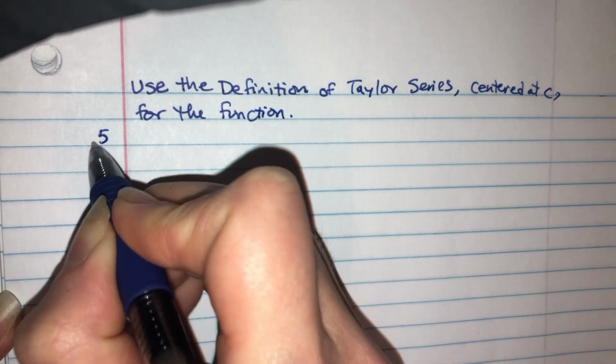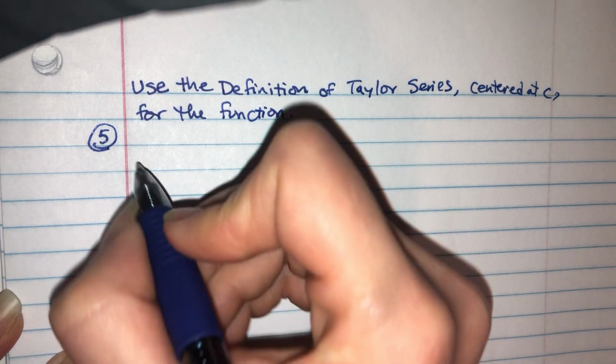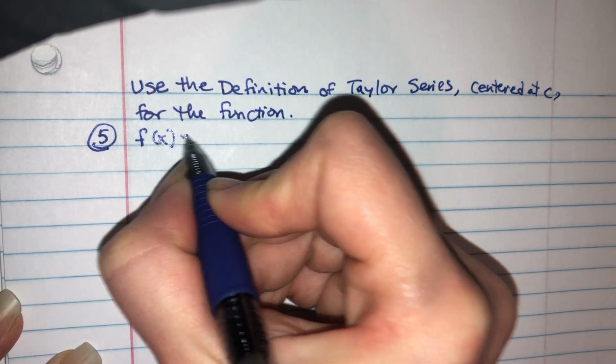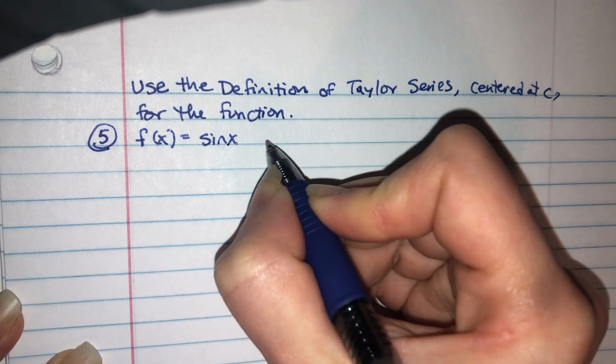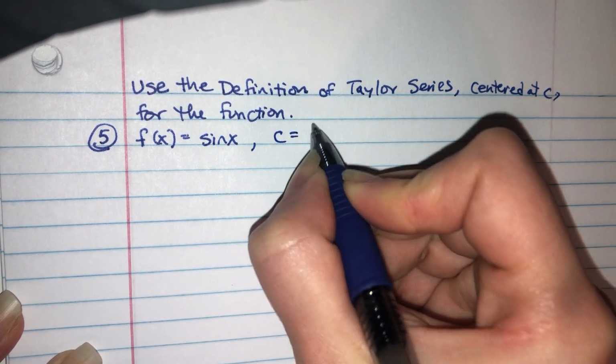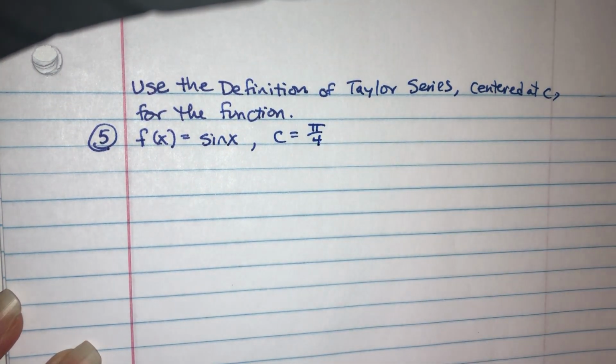So for problem 5, those are our directions. f of x is given to be the sine of x, and c is going to be pi over 4.